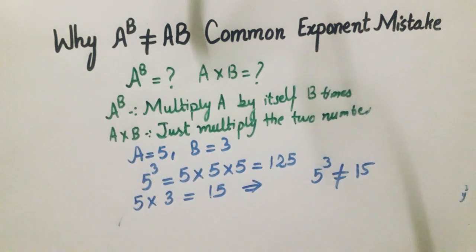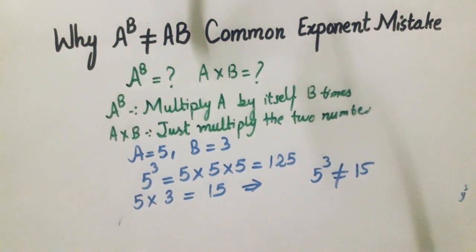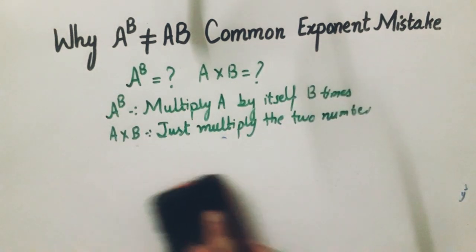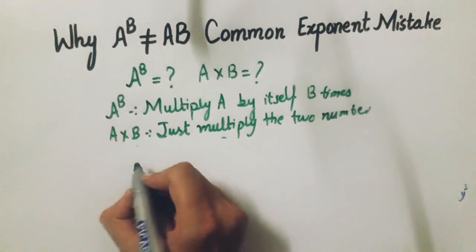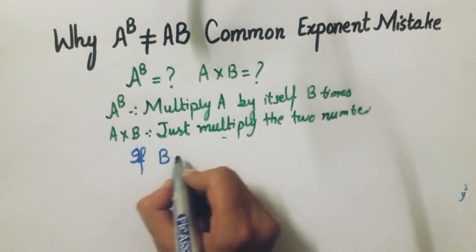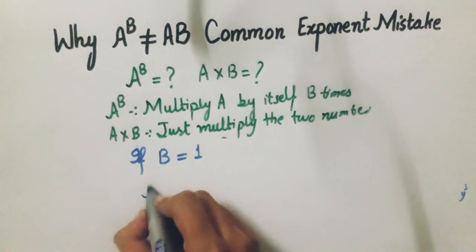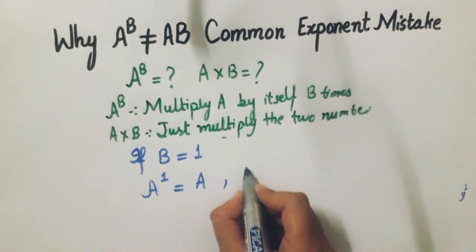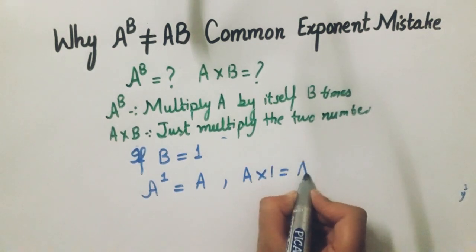But now we will discuss another important case, the special case, in which we will satisfy the given equation. So we will get started as, consider if b equals 1, then a raised to power 1 equals a, and a multiply 1 is a.